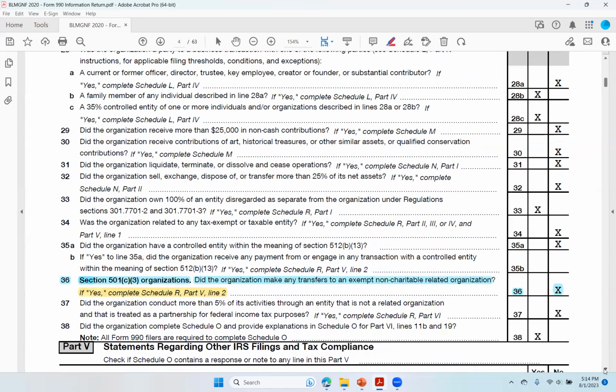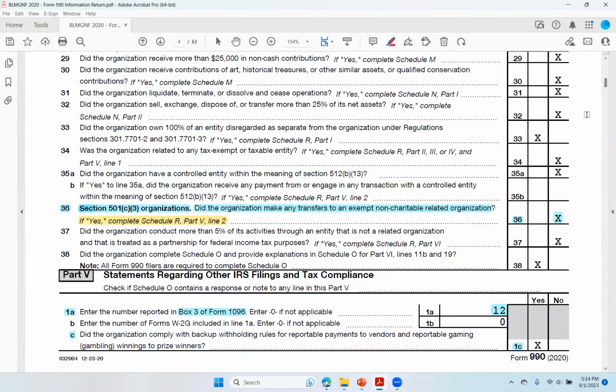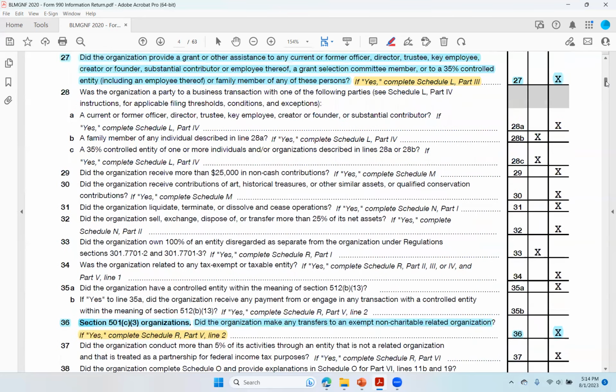The next red flag that I want to highlight, and the last red flag for this section, is line 36. Section 501(c)(3) organizations: did the organization make any transfers to an exempt non-charitable related organization?